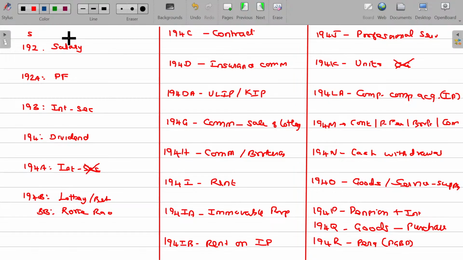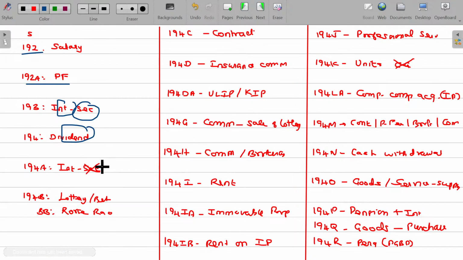Now, immediately after your education, you go for employment. So, salary, we start with 192. And after salary, think about retirement, 192A. And during your employment, you invest in securities, you get the interest. Invest in shares, you get the dividend.